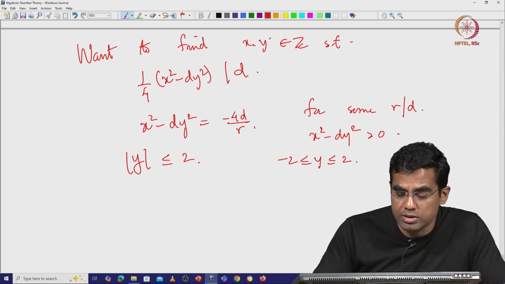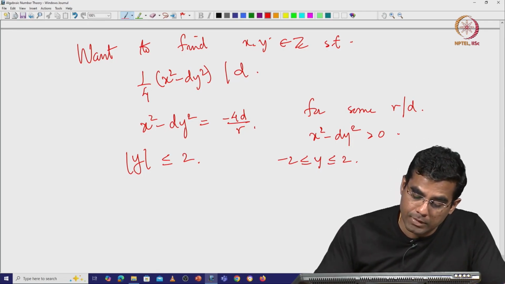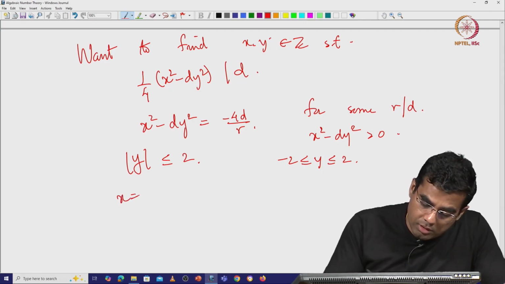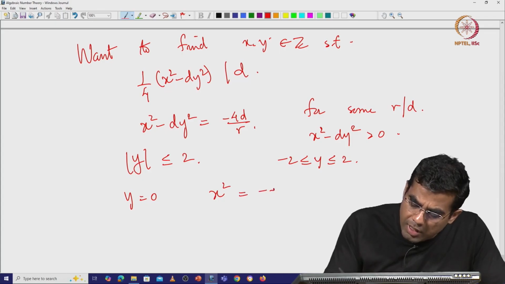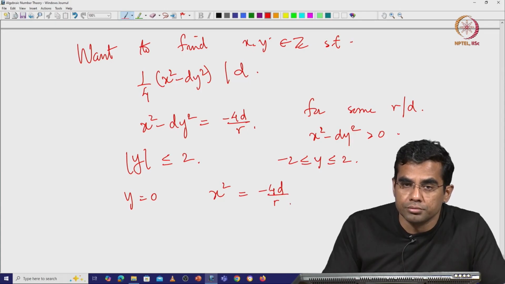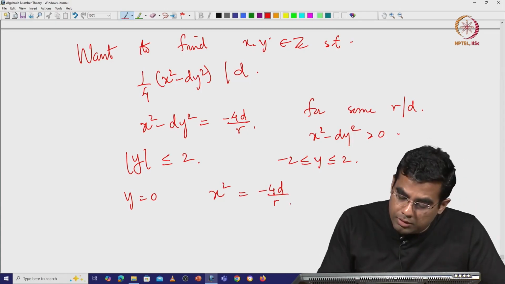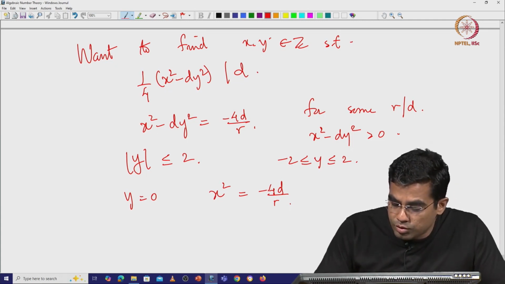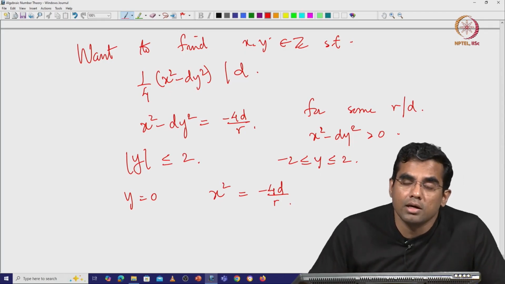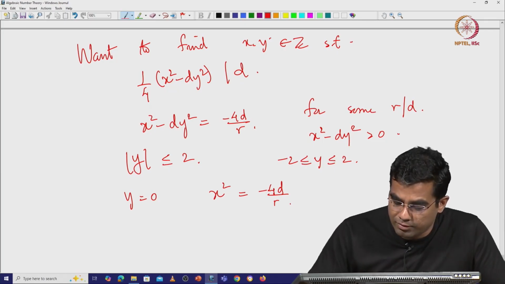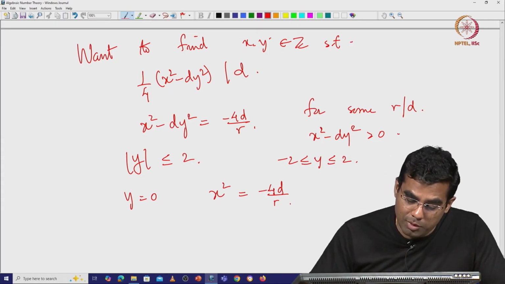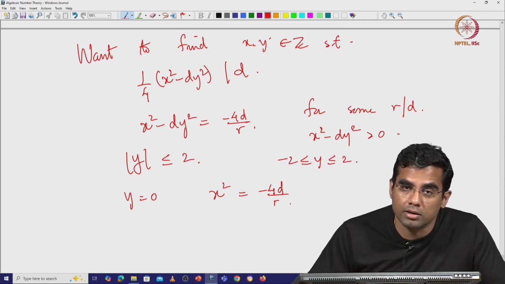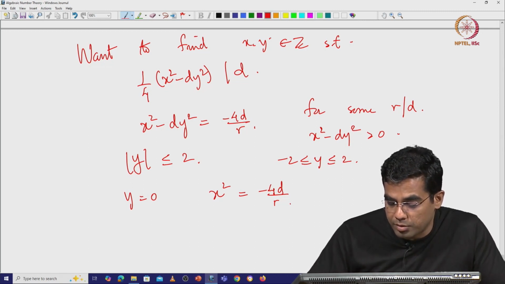Okay. And so, what we can do is we can just take cases one by one, right, and so we can take y to be 0, then what happens is x square is minus 4d by r, right, and so the only solution for this is, so one thing is that x cannot be a prime number, because we have already divided out by the ramified, not the ramified, but inert primes, right.